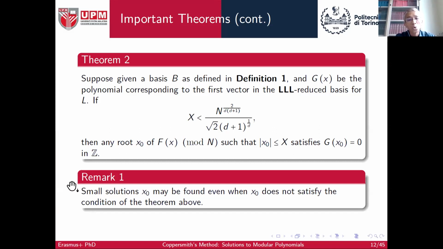Sometimes the small root may be found even if the root x0 does not satisfy this condition. And later on, I will demonstrate a few examples to capture this remark number one.